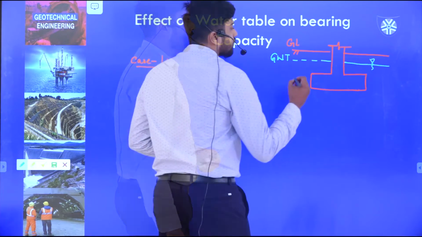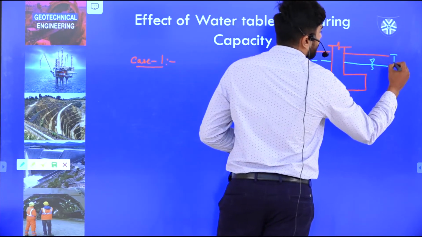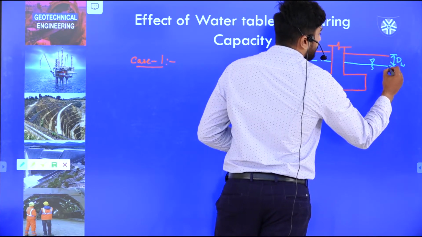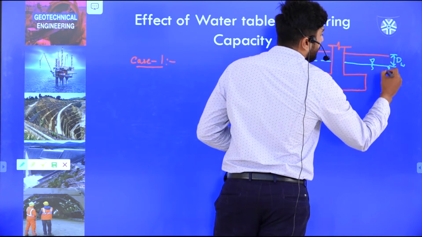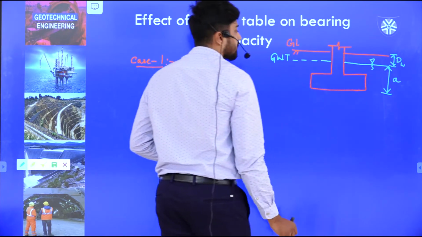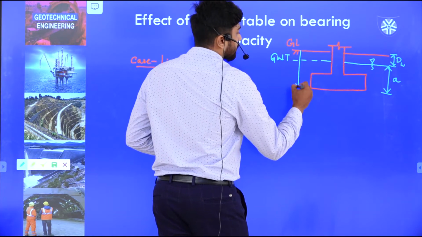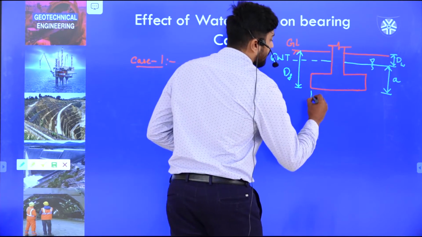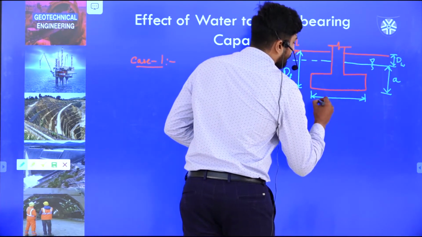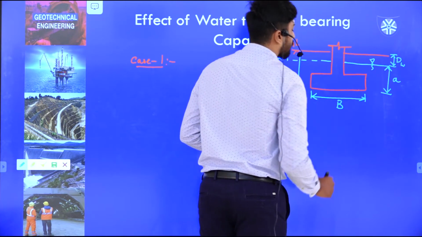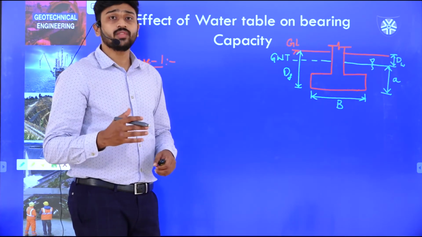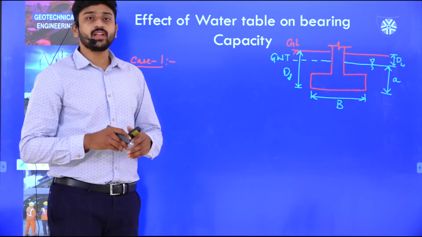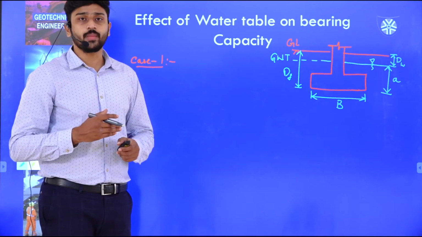Let us consider this depth as capital Dw, and let us consider it is at a distance of a from the foundation base. Let Df be the depth of foundation, and B, capital B, be the width of the base of the foundation. Clear? For this particular case, let us try to obtain the values of ultimate bearing capacity.